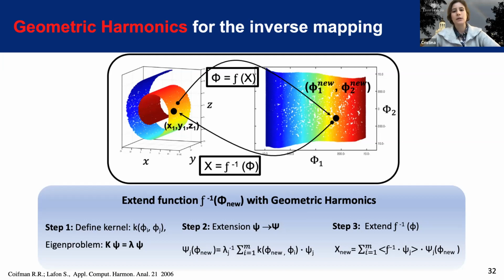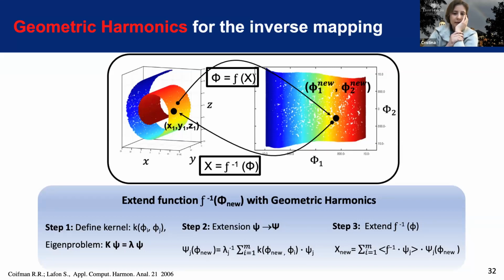We define a kernel on the reduced space and find the eigenmodes, and geometric harmonics is the extension of these eigenmodes using the Nystrom extension to include the new point. These interpolation functions are used to find the coordinates of the new point in the ambient space.